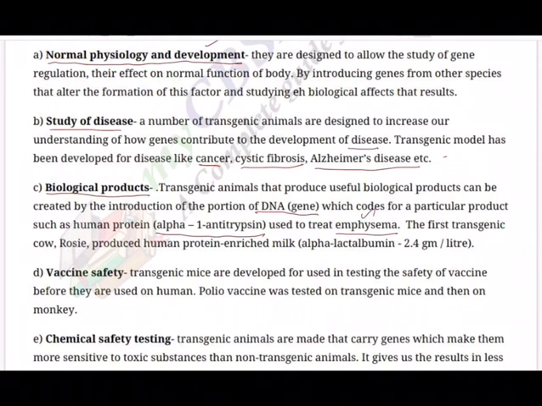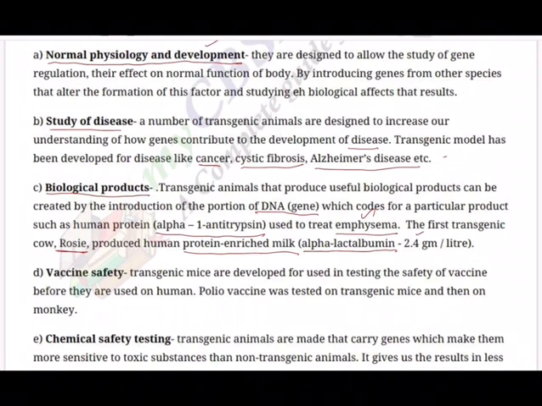Emphysema, recollect from your memory, is a lung disease with accumulation of water in the lungs, difficulty in breathing, chest pain, bulging of the lungs, etc. The first transgenic cow, Rosie, produced human protein enriched milk. See, protein enriched milk. What is that? It contains alpha lactalbumin, how much? 2.4 milligrams per liter. And this is a model again.